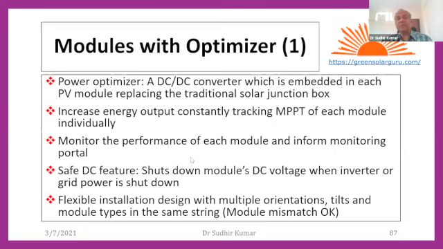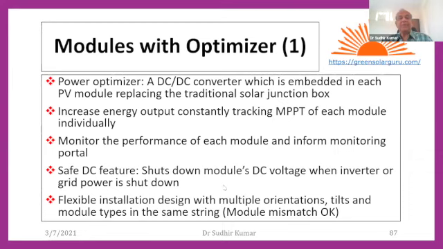Last time I told you how power is reduced with just one module getting shaded. But in this case, the beauty is that even if one is shaded, the others are still providing power, because each one has an optimizer. Each module is itself an independent system.